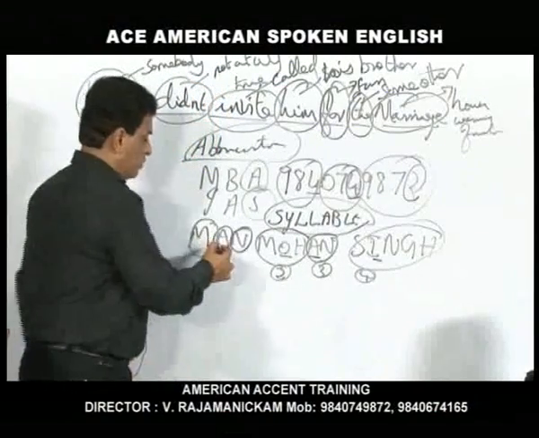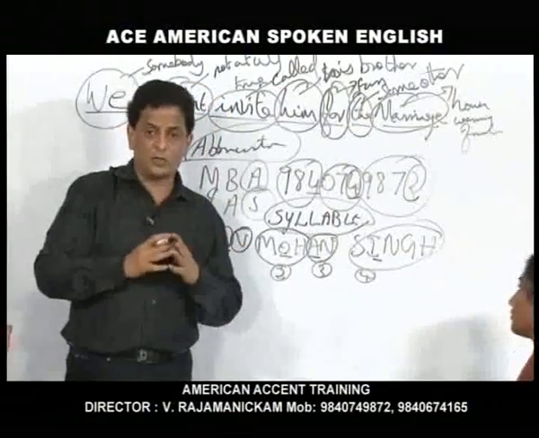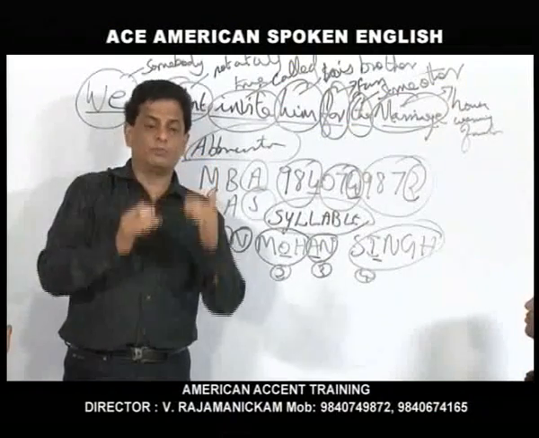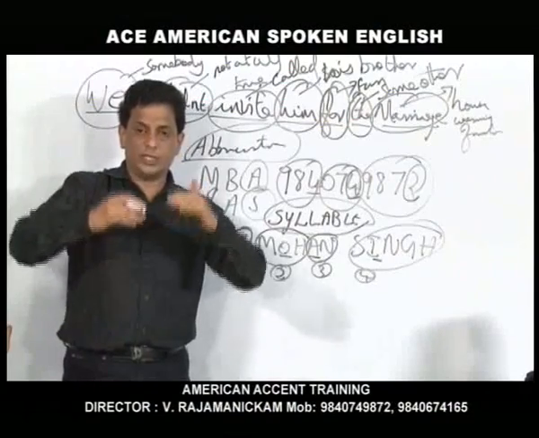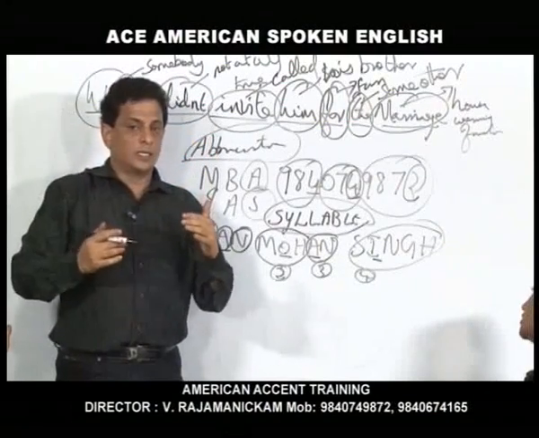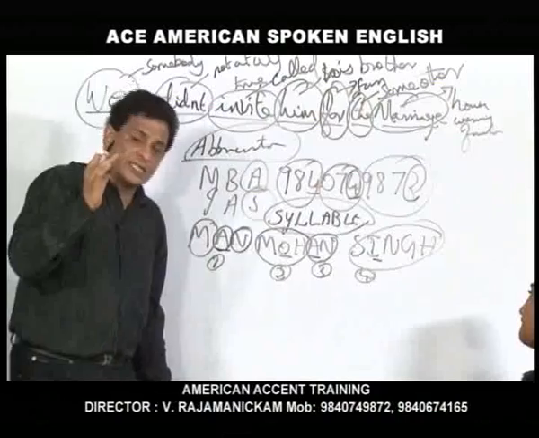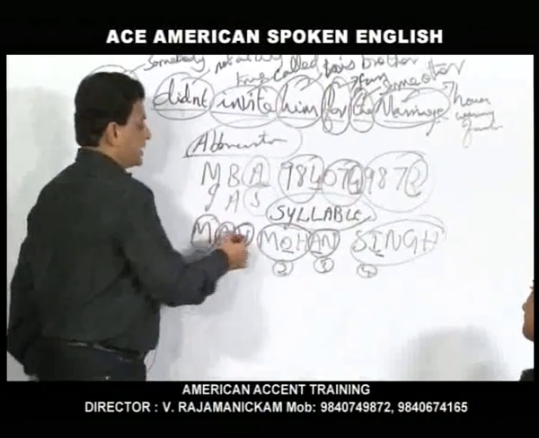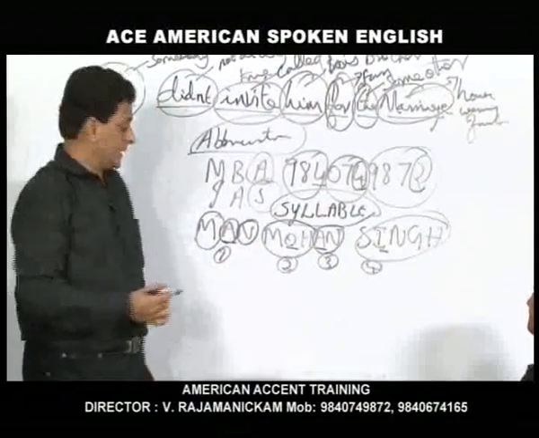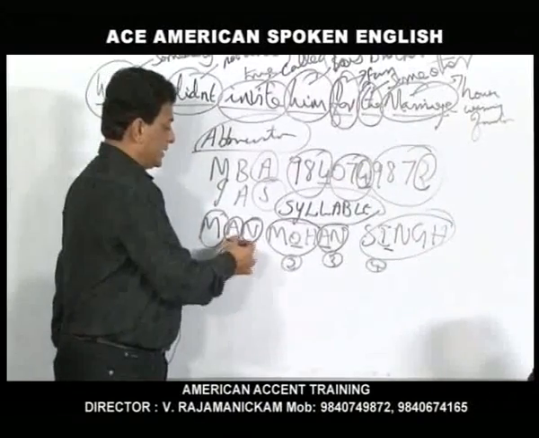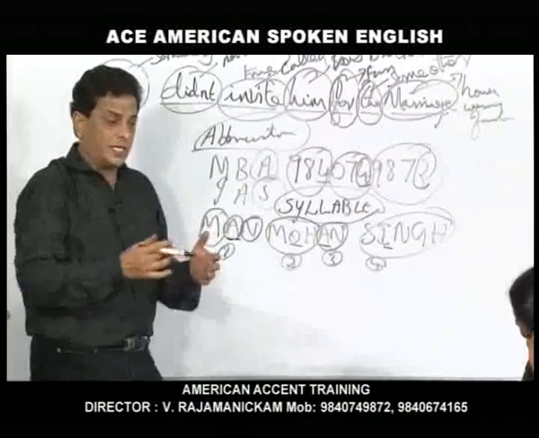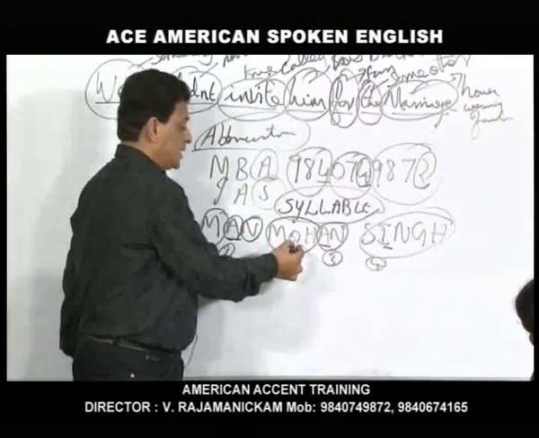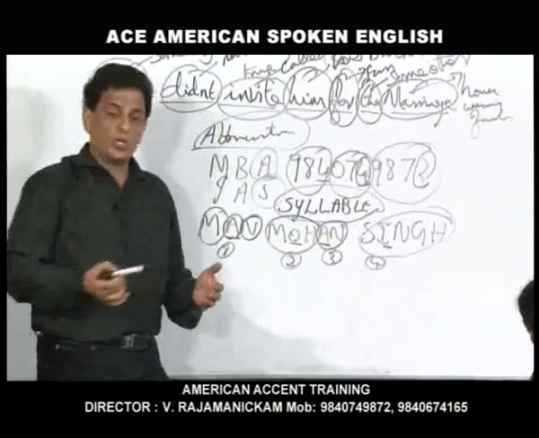So man 1 beat, mo 2 beat, han 3 beat, sing 4 beat. So 4 beats, ga, ga, ga, ga. Man, mo, han, sing. The beating should be according to the order. Since Manmohan Singh is a noun, personal noun, the first beat should be given more stress. The each beating is called syllable.